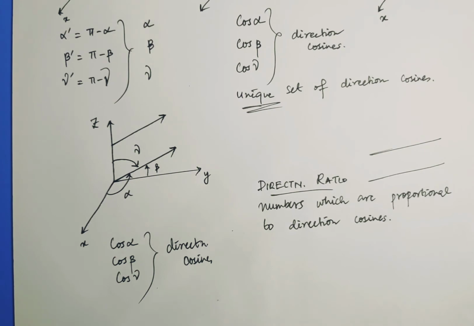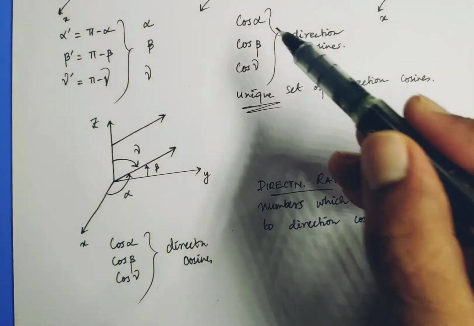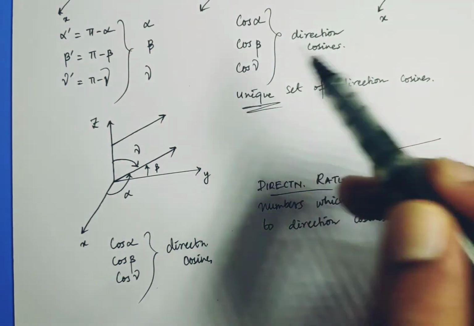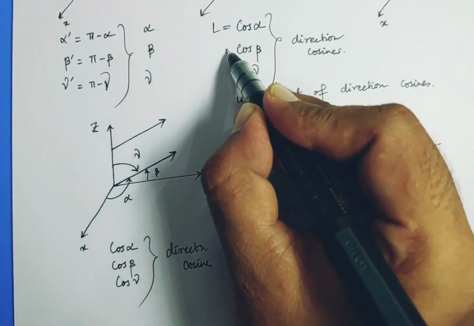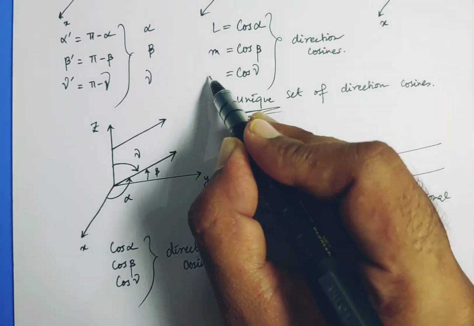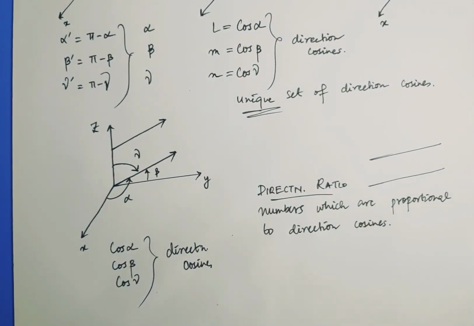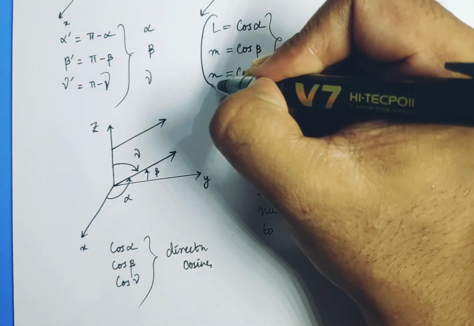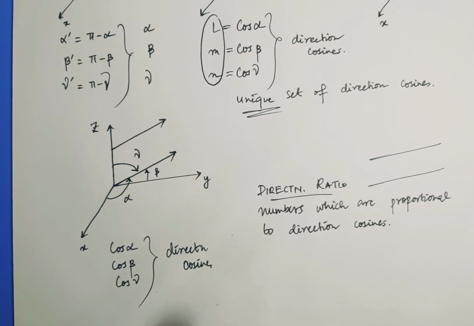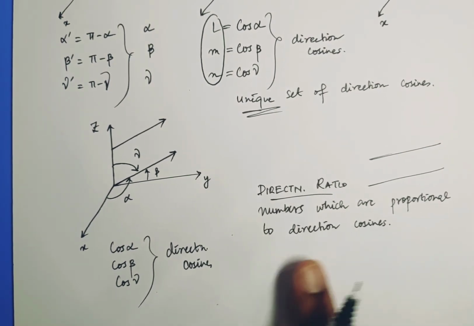Now one thing I missed out: these direction cosines, cos alpha, cos beta, cos gamma, are denoted by l, m and n. Am I clear? So the direction cosines are denoted by l, m, n. Very, very important thing. You should know these notations. Clear? Now, numbers which are proportional to direction cosines.